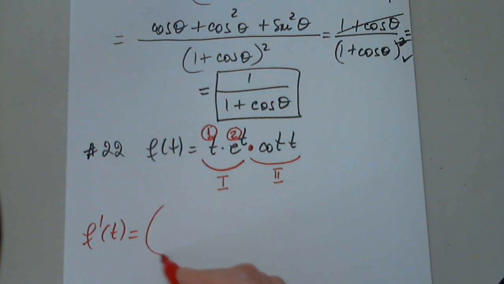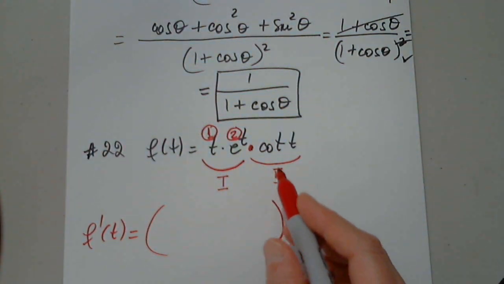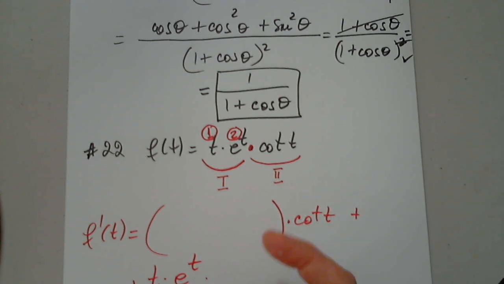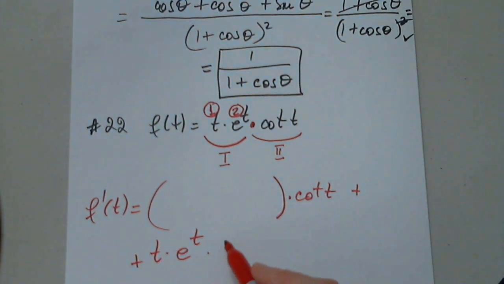I will differentiate the product times cotangent t plus t e to t times cotangent prime, which is negative cosecant squared t. Cotangent prime is negative cosecant squared t.